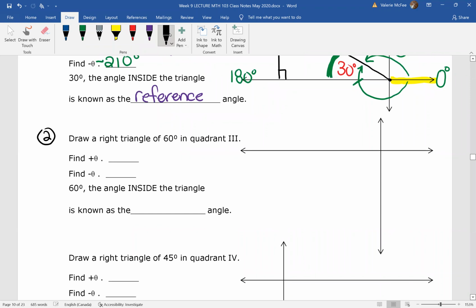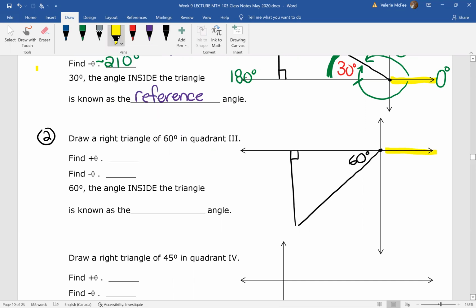So in question 2, we're drawing a 60-degree triangle in quadrant 3. Start at the origin, 90 degrees on the x-axis. This is our 60-degree triangle here. Again, we want to find positive theta and negative theta.